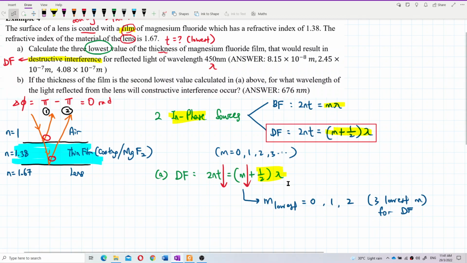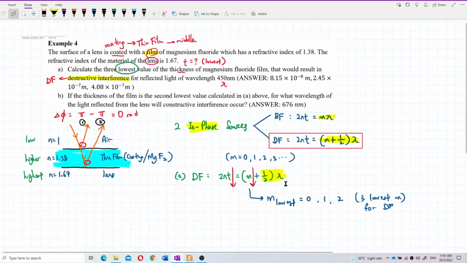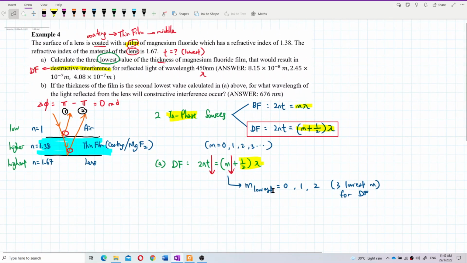Alright, so now let's use this formula and substitute m with 0, 1 and 2. And then for the n, we need to use the n of the film. Be careful with this n value.